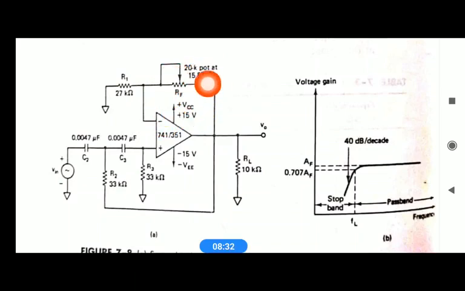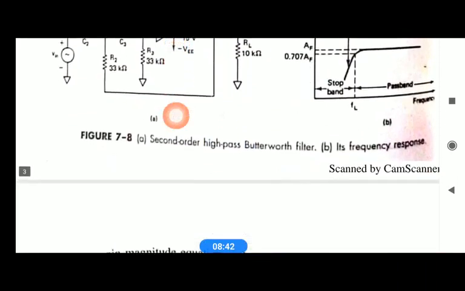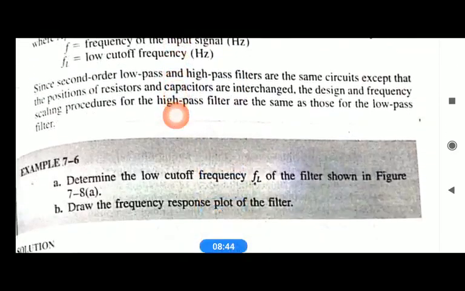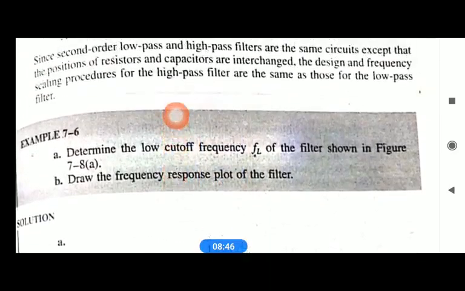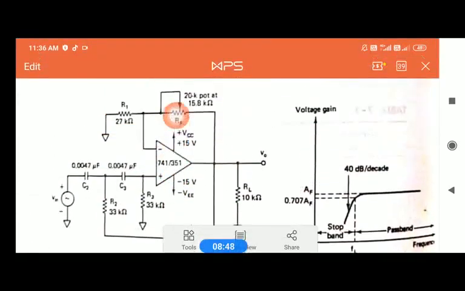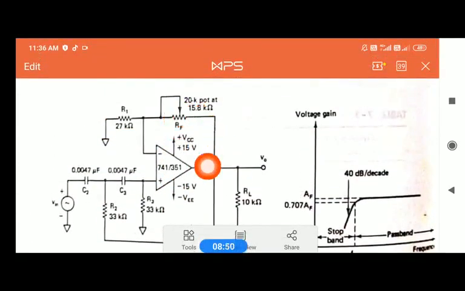Use a 20 kilo pot here to adjust the 15.8 kilo ohm resistor, because 15.8 kilo is not a standard value of resistor. Understood? This is how you need to design this circuit. After designing you need to draw this circuit while you are solving the problem.